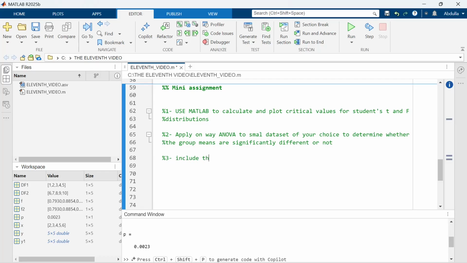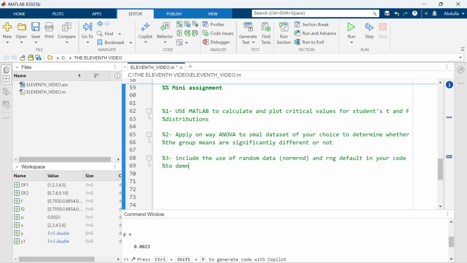Last task, include the use of random data like randn as we did, but try different numbers and be as creative as possible, because when you try and get errors, and see whether it's right or wrong, this is how you learn.